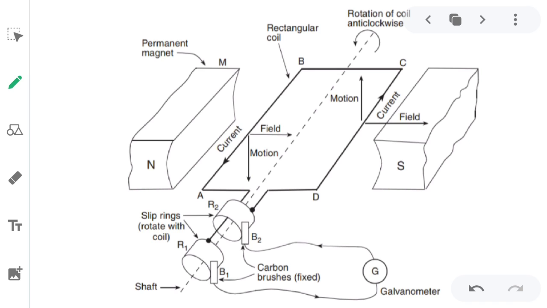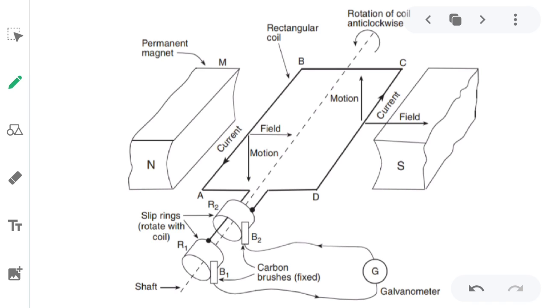When we rotate the shaft in anti-clockwise direction, AB will go down, CD will come up. AB will cut the magnetic field produced towards the north pole and CD will cut the magnetic field towards the south pole, so the direction of current is from B to A and D to C. Then after half revolution, AB will come to the right side and CD will come to the left side.